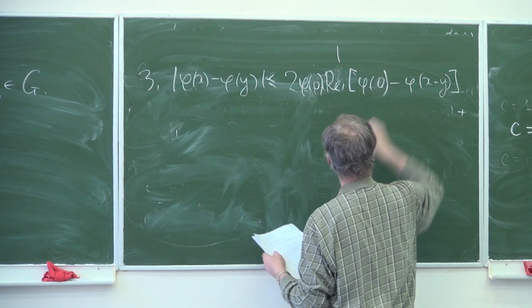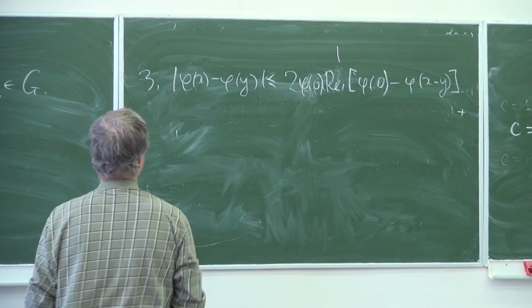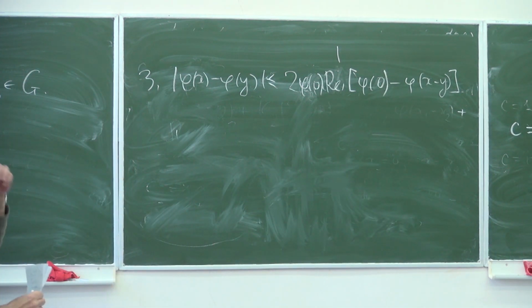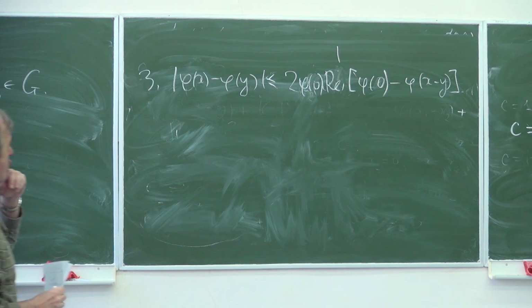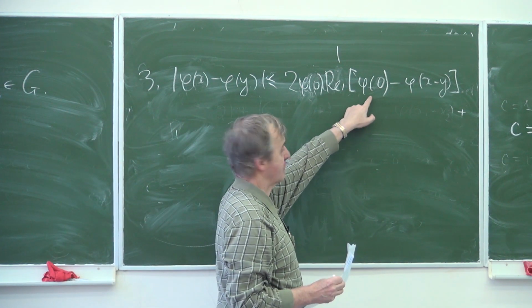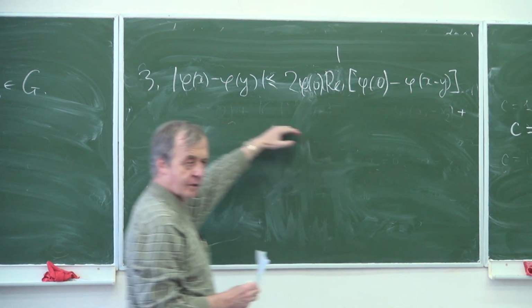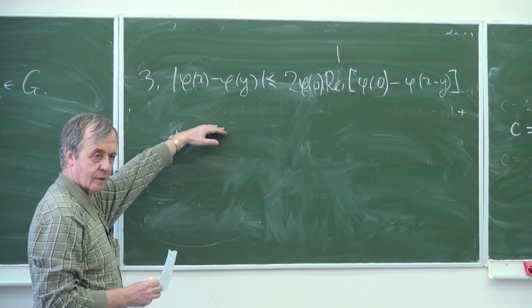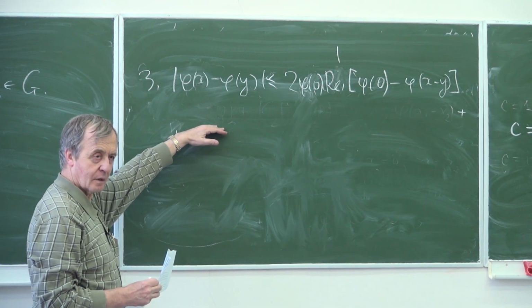Oh, like this. From this it follows that if phi is continuous at 0, then it is uniformly continuous. Yes?